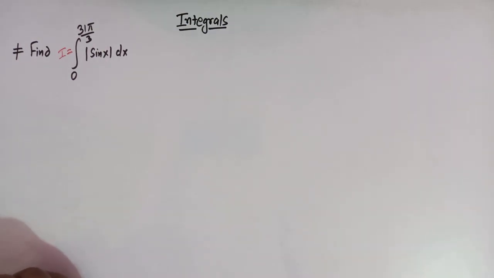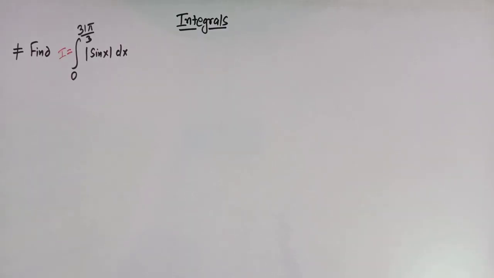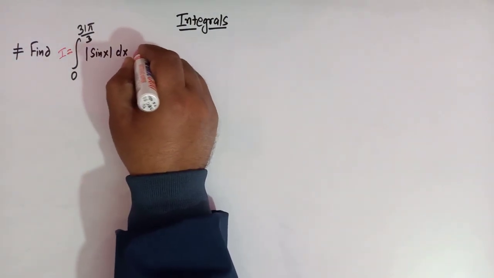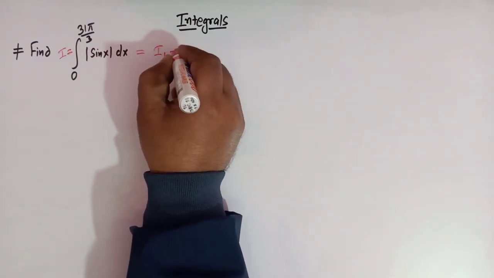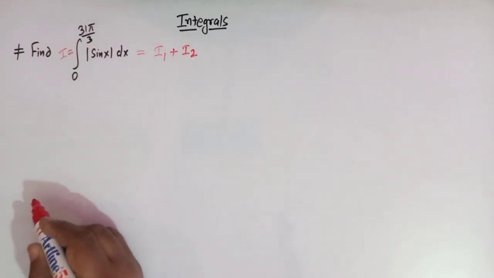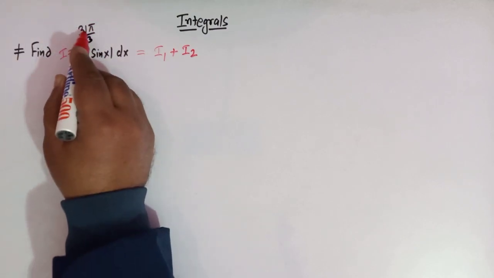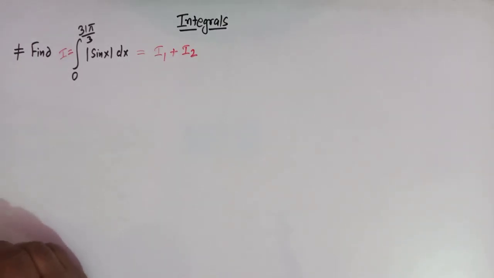The first step is to split this integral as a sum of two integrals, I1 plus I2, and we'll see what the values of I1 and I2 are.